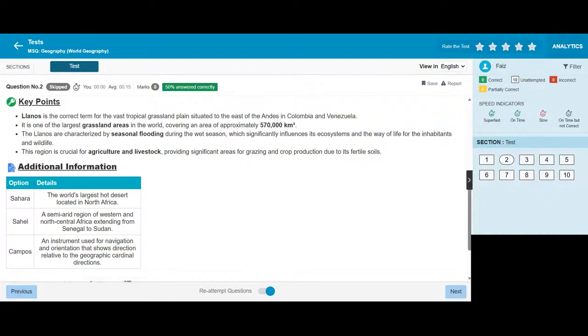The Llanos are characterized by seasonal flooding during the wet season, which significantly influences its ecosystem and the way of life for the inhabitants and wildlife. This region is crucial for agriculture and livestock, providing significant areas for grazing and crop production due to its fertile soils.